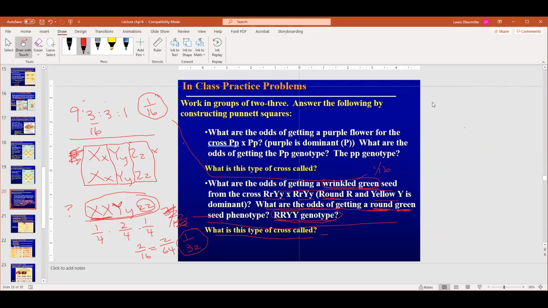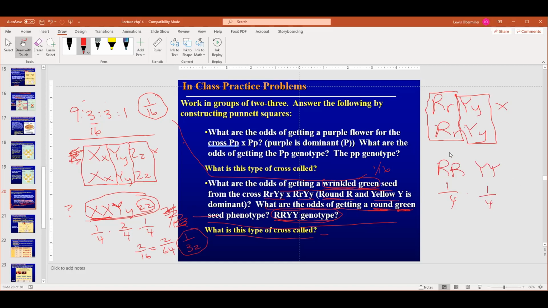Okay, so we have big R, big Y, little y, and we're going to cross that to big R, big Y, little y. Same deal, right? So the probability of getting big R from this monohybrid cross is 1/4. And if we do this cross independently, the probability of getting big Y from that cross is also 1/4.